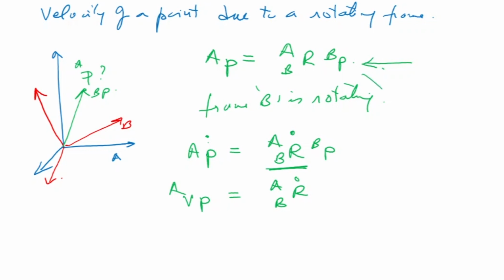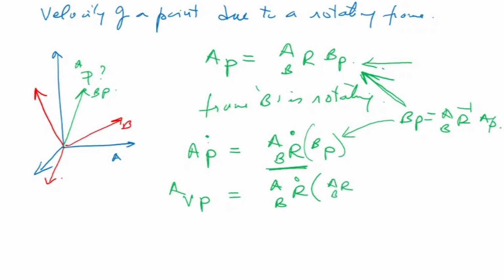And what is BP from here? BP is equal to AB R inverse into AP from this equation. So I put this BP part here, and I get AB R inverse into AP. Here again we see that we end up with that matrix.